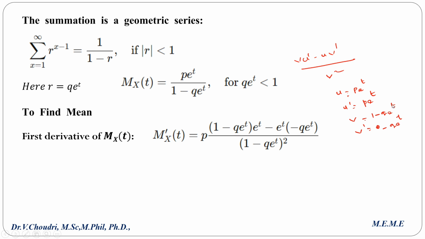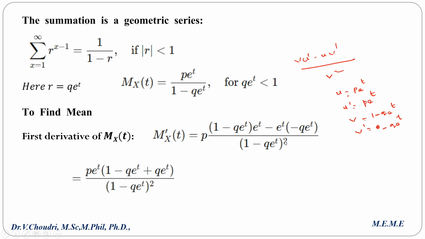So substitute: v is 1 minus q e power t, u is p into e power t, and minus u into v dash, which is minus q into e power t. From both terms I kept p outside. The denominator is 1 minus q into e power t, whole square.